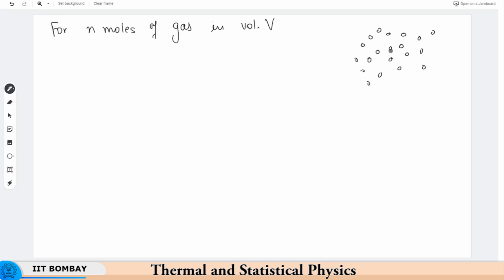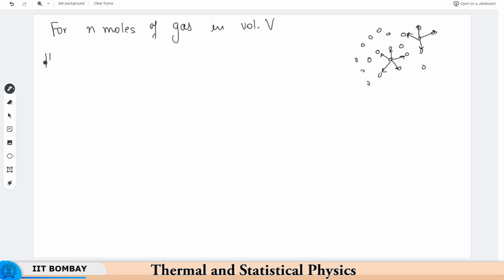So this molecule is only getting attracted by its nearest neighbors, and the same applies to all the molecules. And we can imagine that this number of nearest neighbors will increase with the amount of gas per unit volume. So if we have greater density of gas molecules, there will be more nearest neighbors.